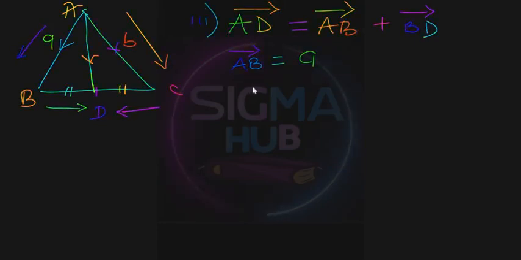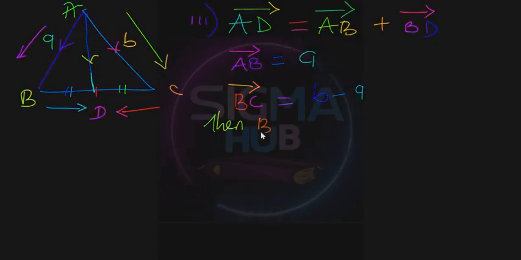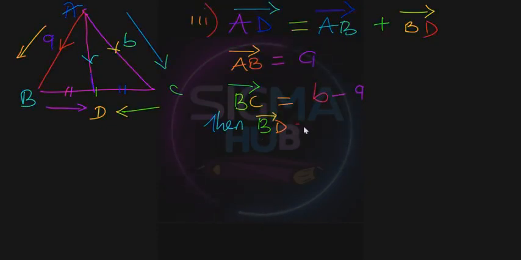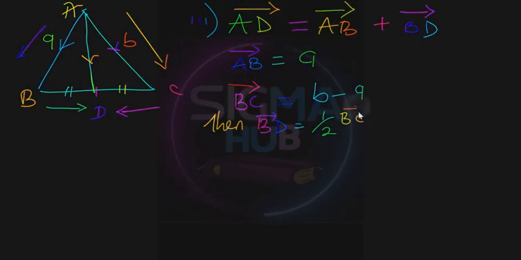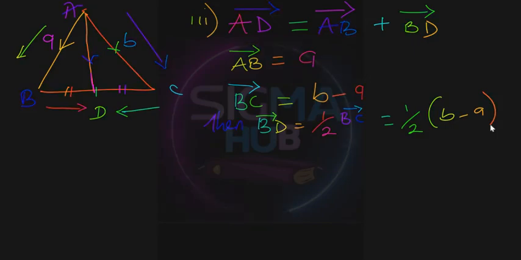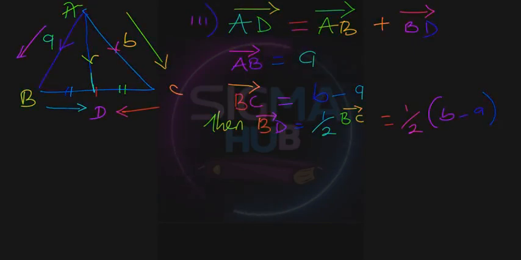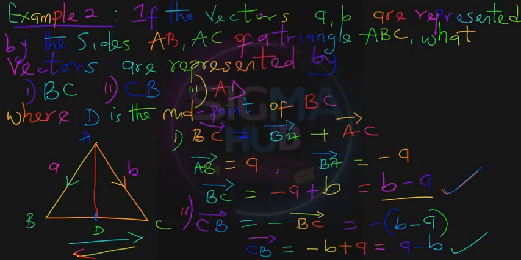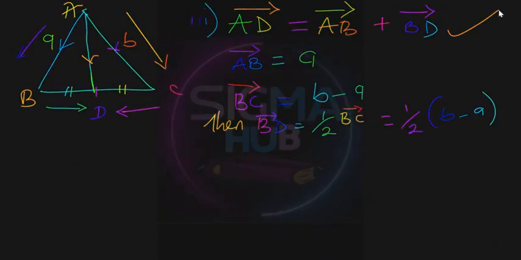So since our BC is B minus A, then BD is definitely going to be half of BC, which is half of B minus A. That's what our BD is, half of B minus A. So we can just represent this into what we have here.